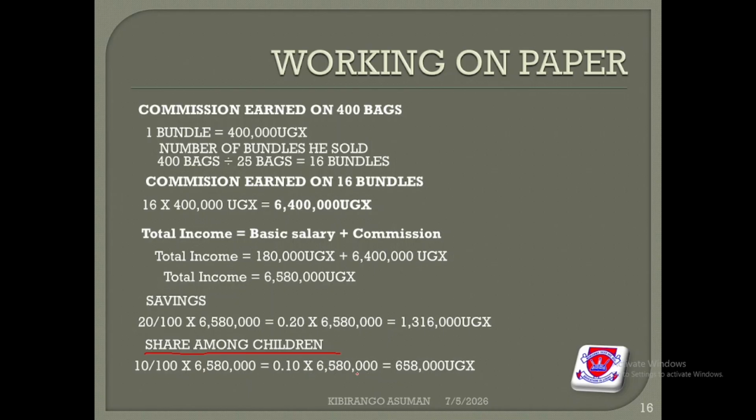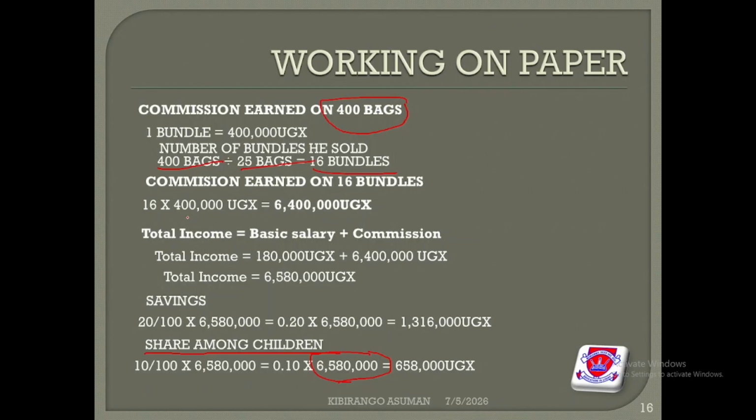The 6 million, we remember, is the total income, and we got it by adding the basic salary plus the commission. To get the commission, remember that he sold the 600 bags. We divided the bags by the bags in each bundle, and we got 16 bundles.